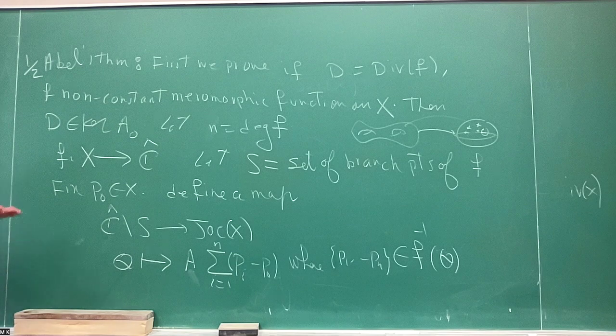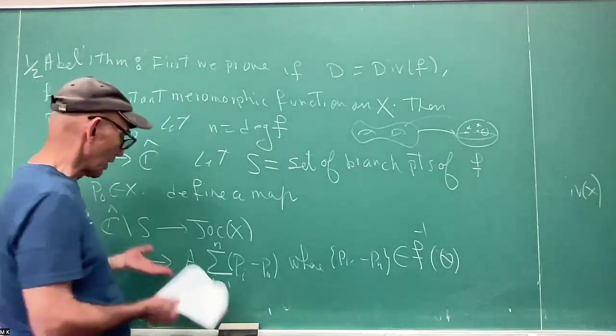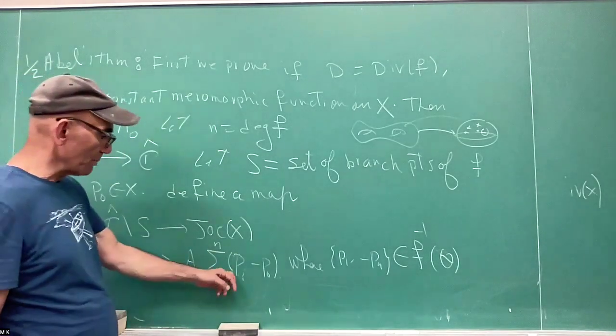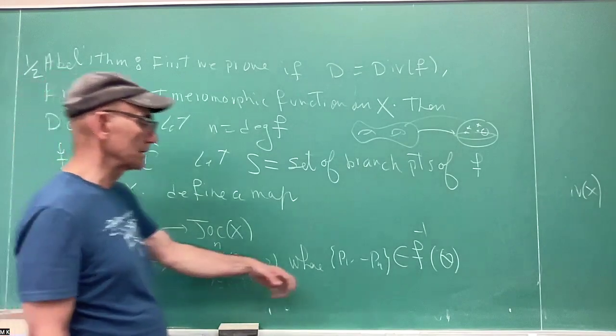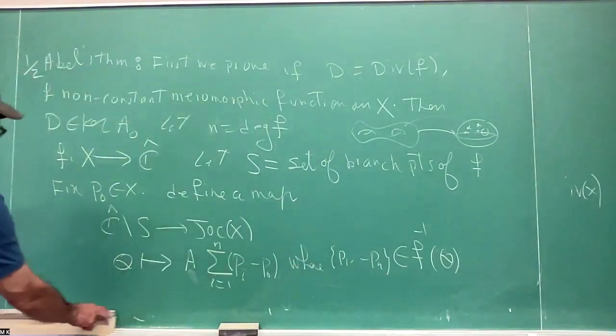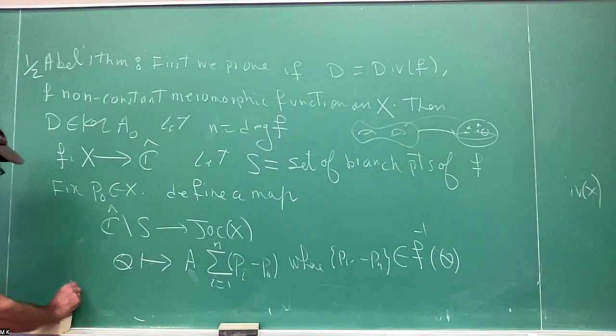I mean, this map is obviously holomorphic, because A is a holomorphic map. It's also well defined because it's symmetric in the Pi, and it doesn't matter which order you choose. So this map is holomorphic.